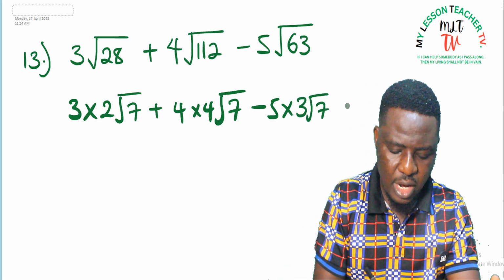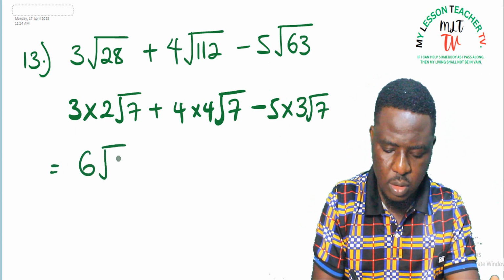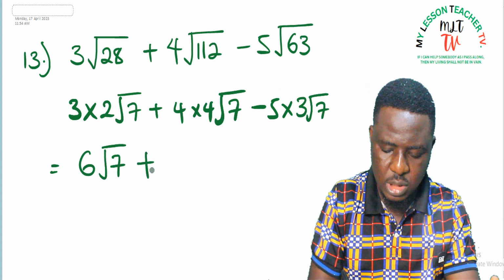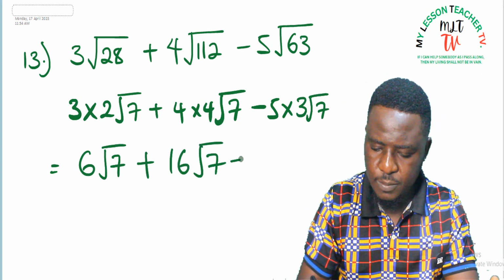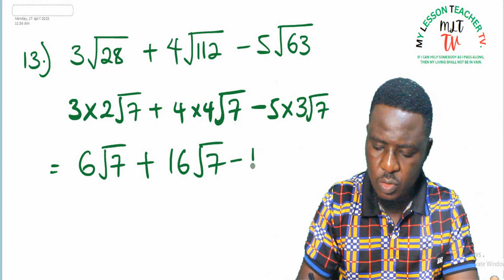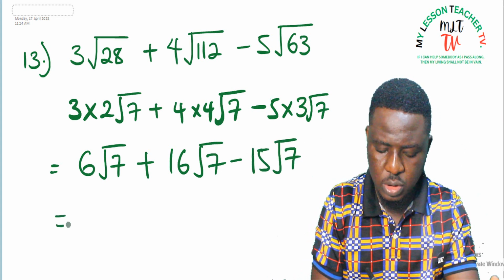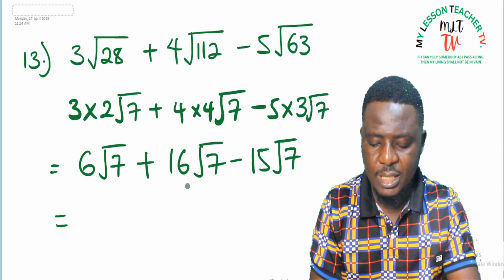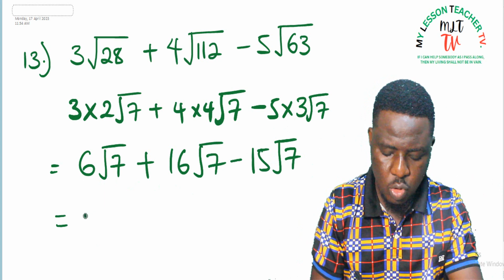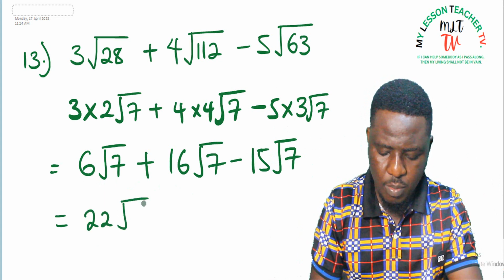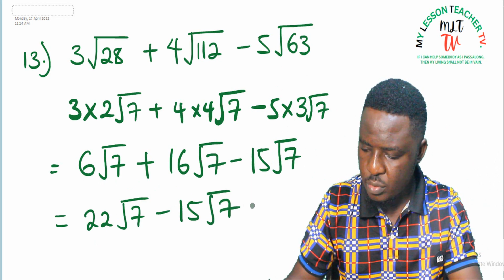So when you simplify for that, this is equal to 6 root 7 plus 16 root 7 minus 15 root 7. And this is equal to 6 plus 16 is 22. So we have 22 root 7 minus 15 root 7.